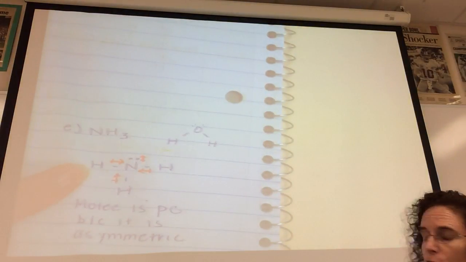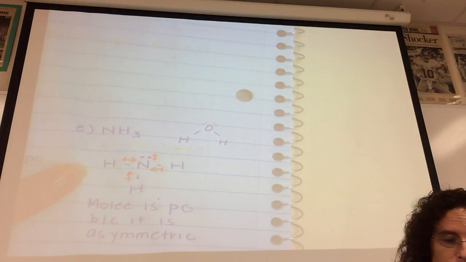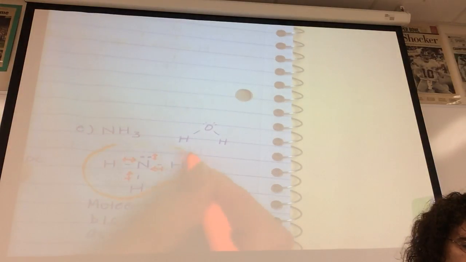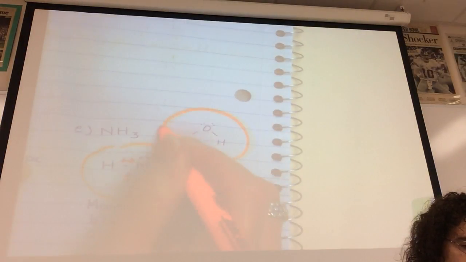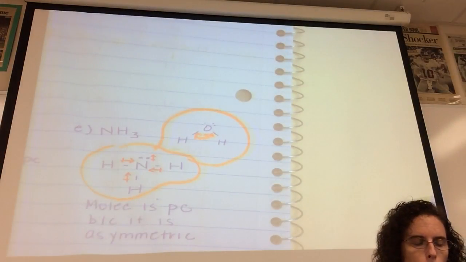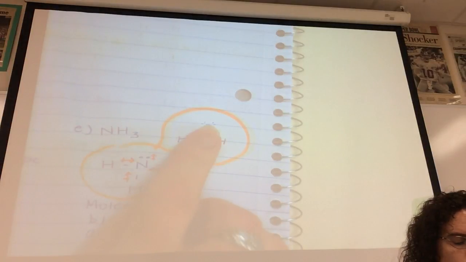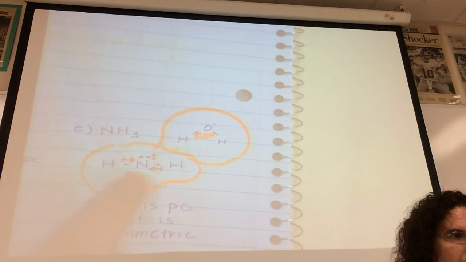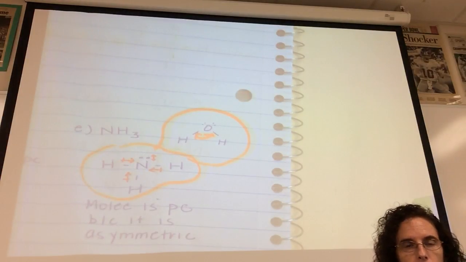I just want to make sure this point is clear because you're going to see it. Explain to me why the bond angle in water, that is an HOH, is slightly smaller than the HNH. There's 2 lone pairs, so if you just write that, are you getting credit?